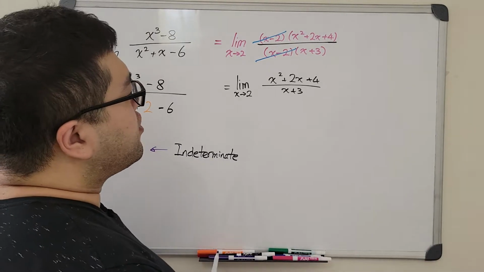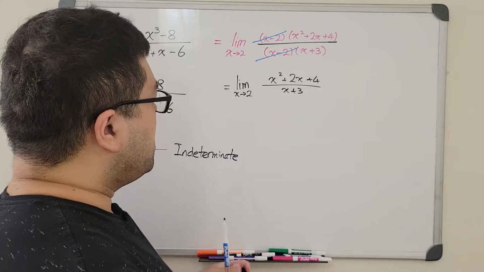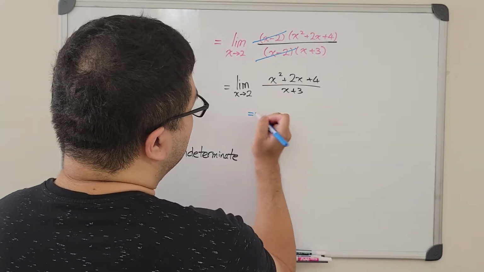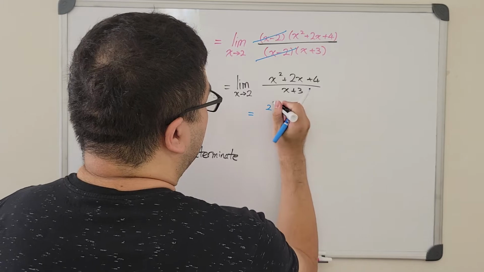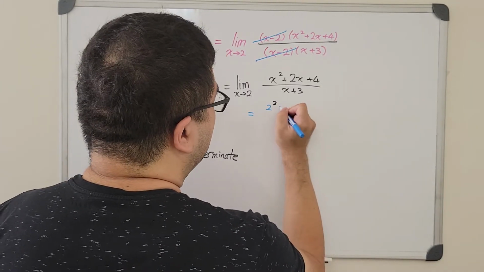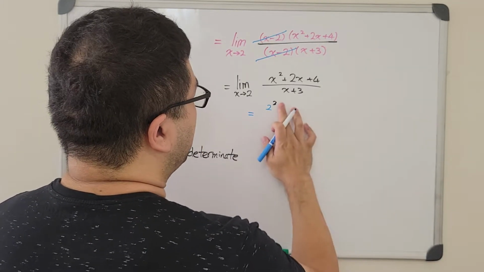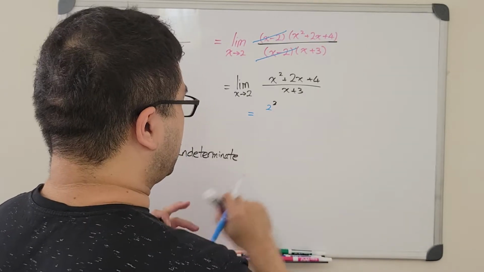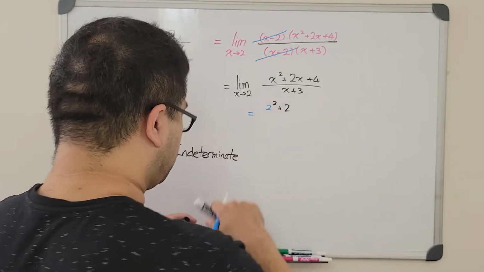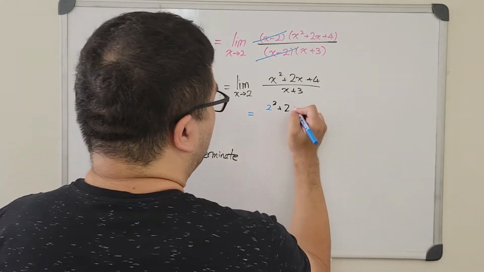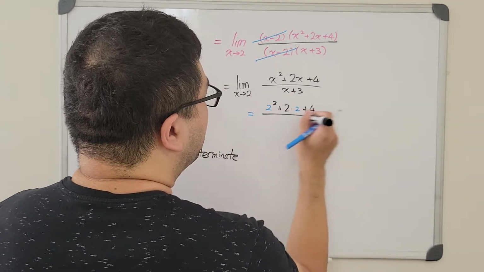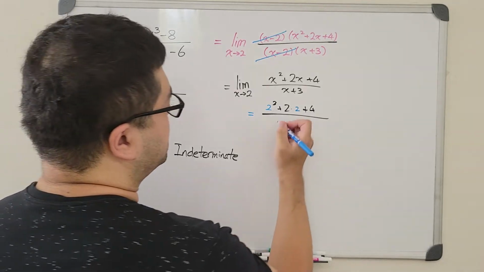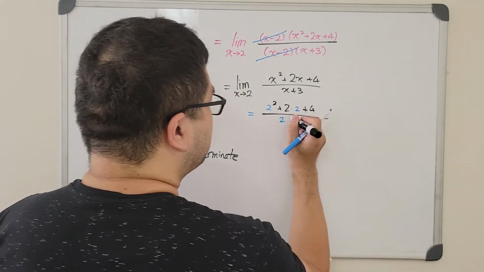So that now we're going to do the substitution, replace the x by 2 to give us 2 squared plus 2 times x, where x is again just 2. And then we have plus 4 over the denominator x, which is 2, plus 3.